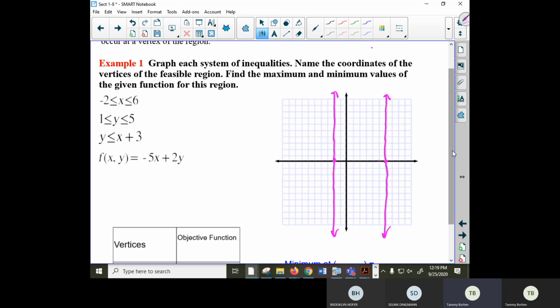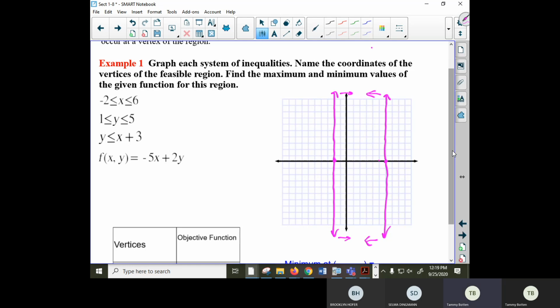Okay, now what this is saying is that x is between -2 and 6. What that means is we want to shade somewhere in between these.